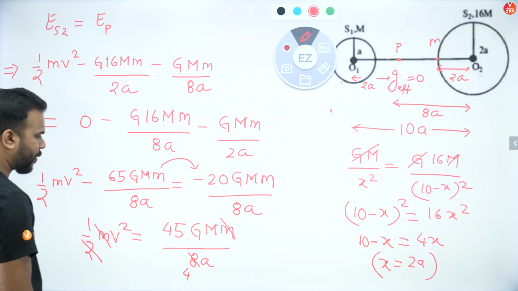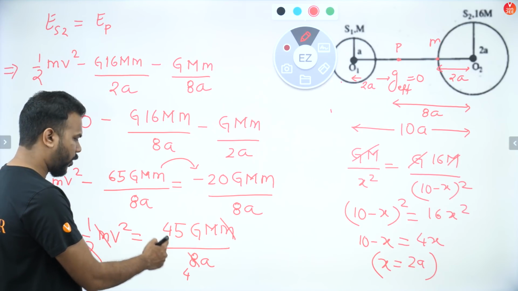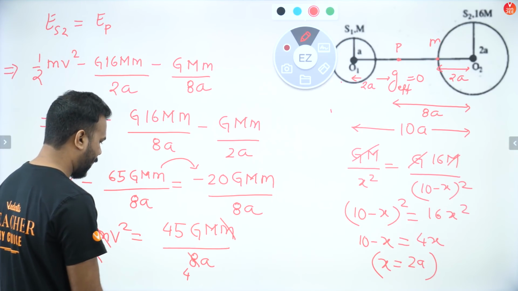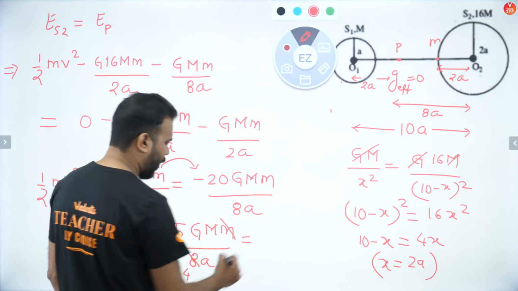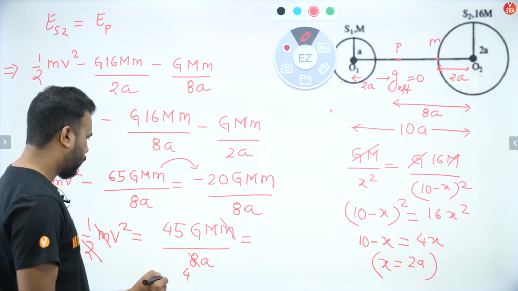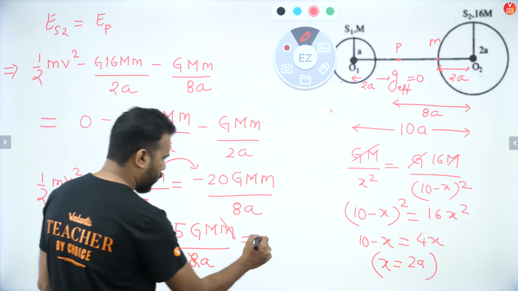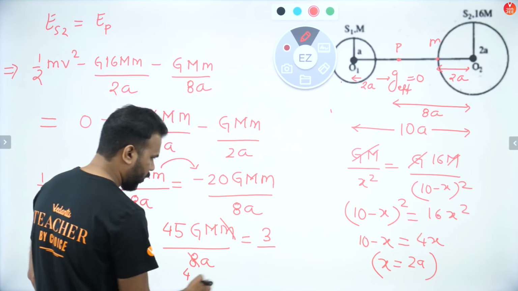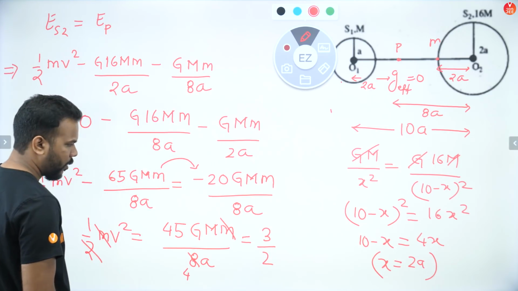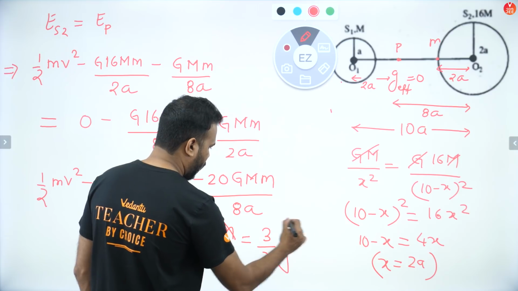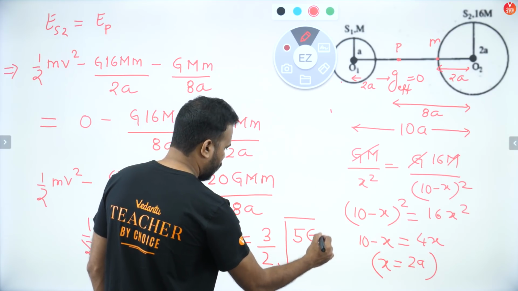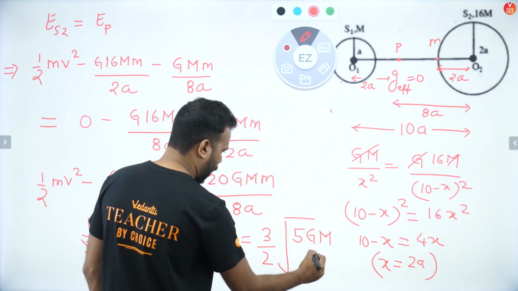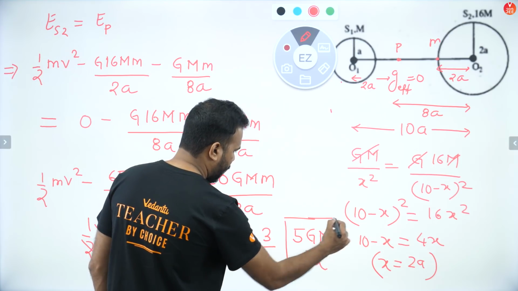So v square is coming out to be 45 GM by 4a, and 45 can be written as 9 into 5, so 3 can be taken out, 2 will come out, and you will be left with under root 5 GM by a.